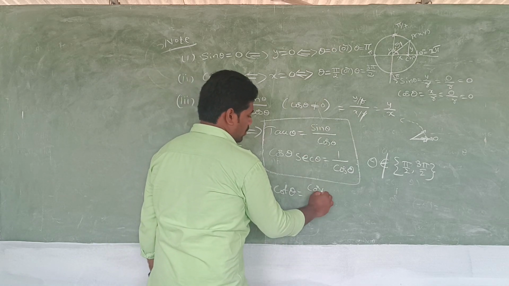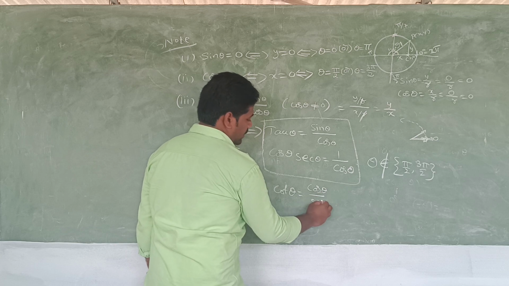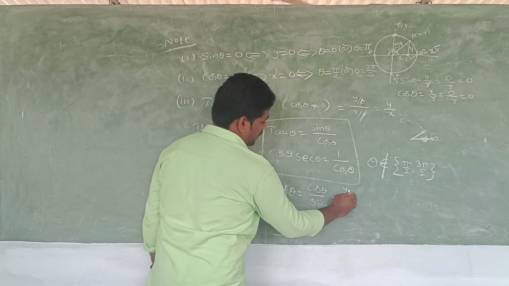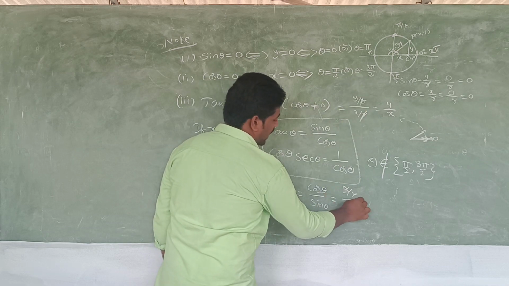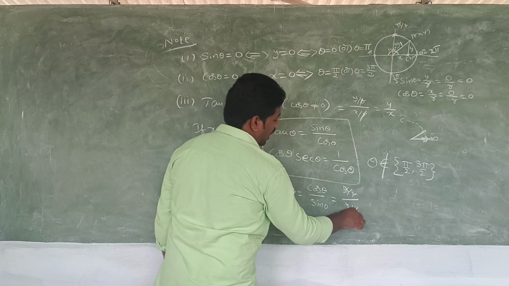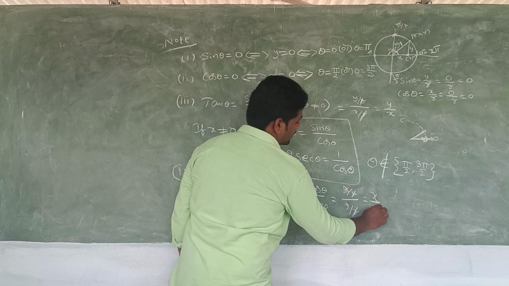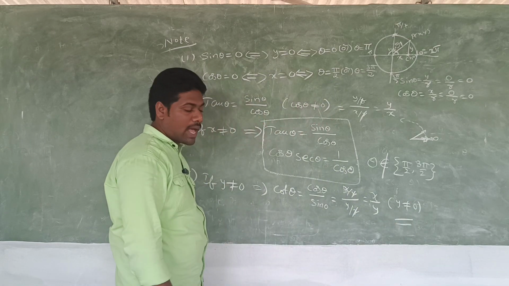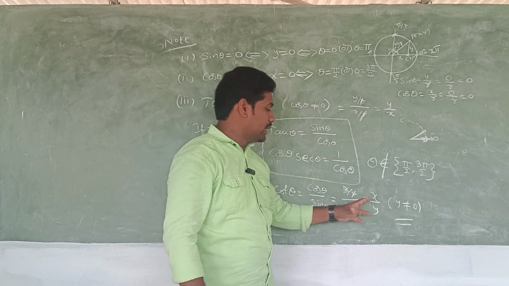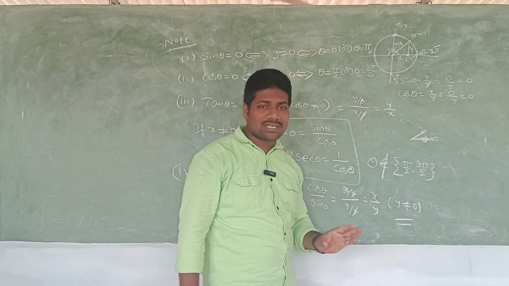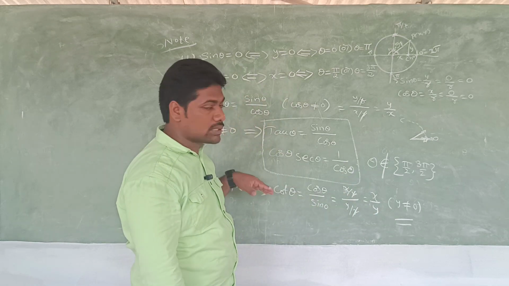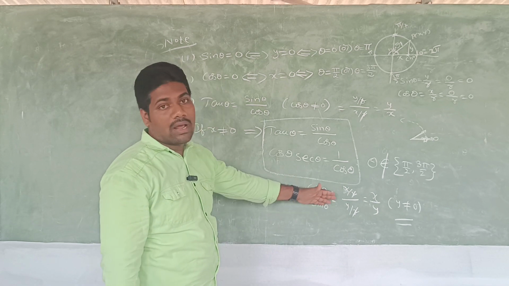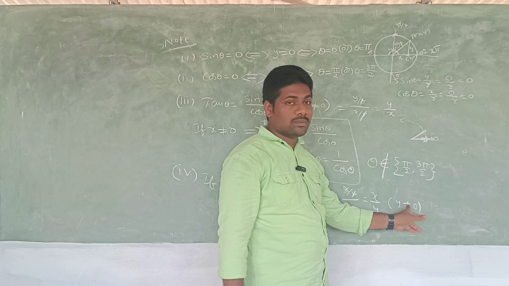That means cos theta by sin theta, which is x by r over y by r, the r cancels. This is equal to x by y, where y is not equal to 0, because whatever value we write in a fraction, the denominator must be not equal to 0, otherwise it won't exist.